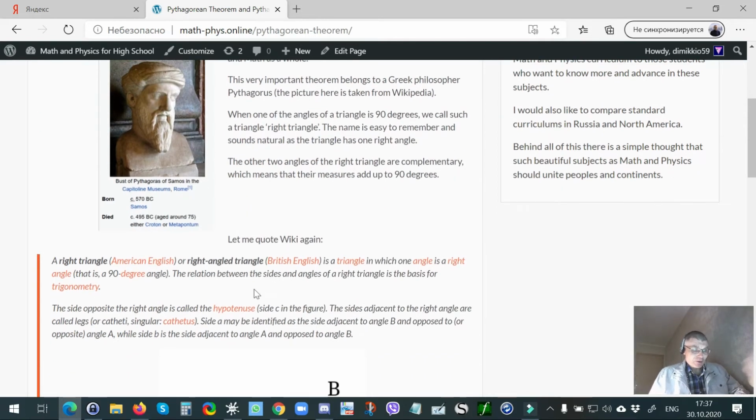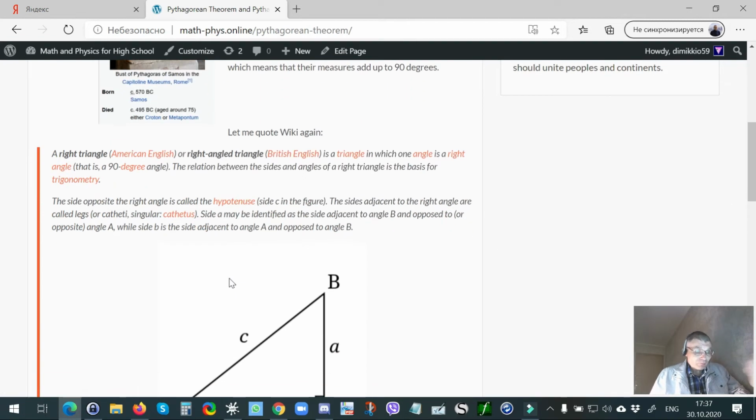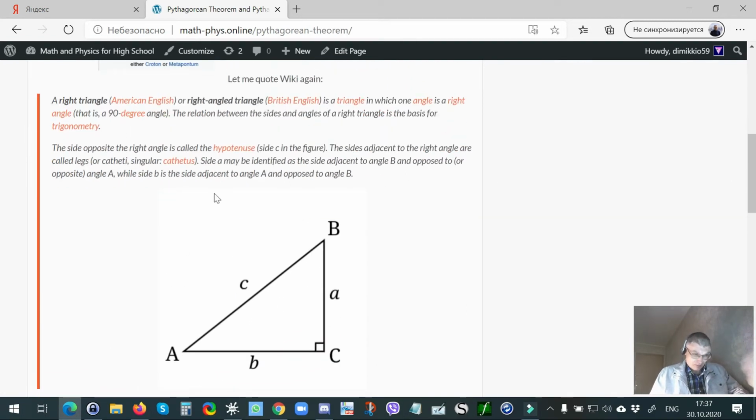Here is a quotation from Wiki, which gives you some names. For example, in a right triangle, we get a right triangle when one of its angles is 90 degrees, or right angle as we call it, and those two sides are called legs, or katheti in Russian, kathete, and singular, it's cathetus.